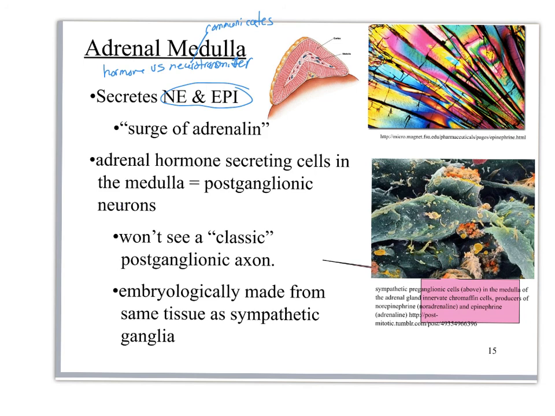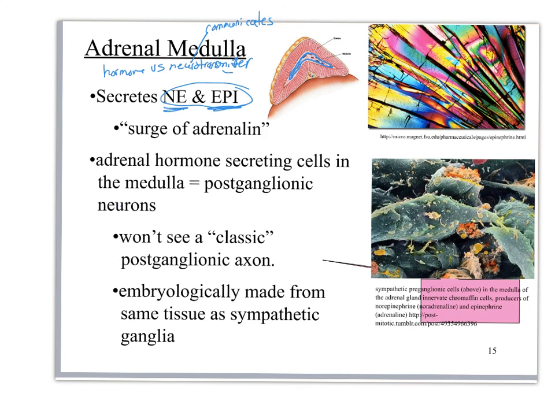A hormone is going to be communicating with a non-neuron, whereas a neurotransmitter is communicating with another neuron. So norepinephrine and epinephrine, if it's going to your thyroid gland, it's called a hormone. If it's going to some part of your brain, we'll call it a neurotransmitter. Okay, so this is all being made in neurons, literally neurons, in that area.